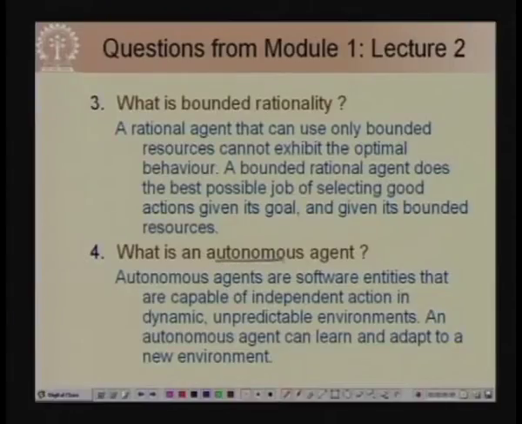That is the definition of bounded rationality. Fourth question, what is an autonomous agent? Autonomous agents are those agents that are capable of independent action in environments which are dynamic and unpredictable. An autonomous agent needs to learn and adapt to a new environment.